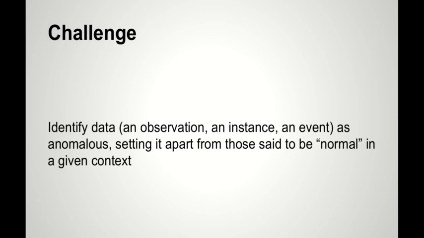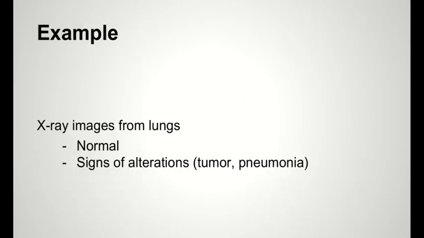Let me give you some examples of applications there may be for anomaly detection. Let's say we have several X-ray images from lungs and we would like to tell if it's a normal lung or if there is a sign of alteration, which could be a tumor or pneumonia.